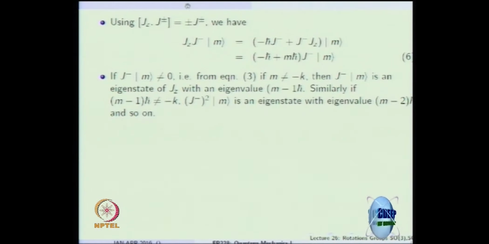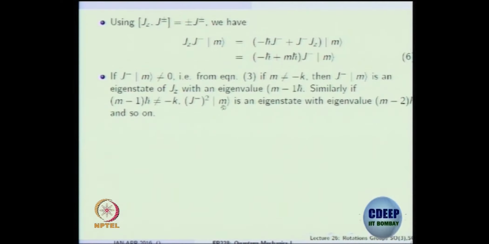So use this algebra, which you would like to solve. If you solve this, you will be able to show that J minus on the state m is an eigenstate of Jz with eigenvalue m minus 1. The fact that Jz should go from minus k to plus k also tells you that you can keep applying the lowering operator, but how many times?